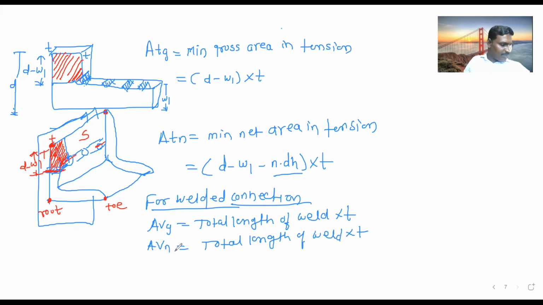ATG is equal to length of connected leg into T, and ATN is equal to, again, length of connected leg.